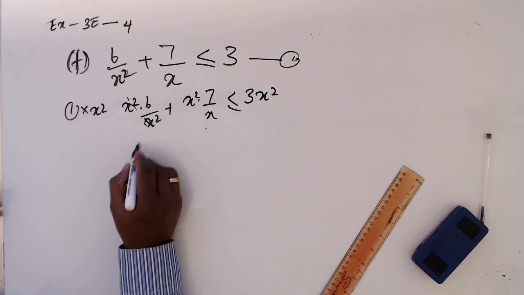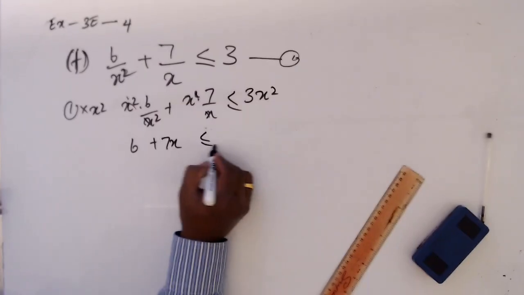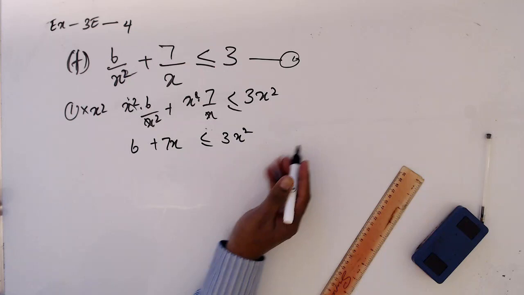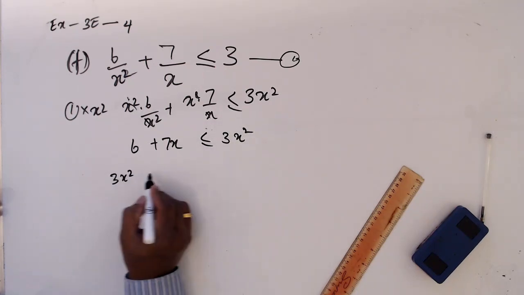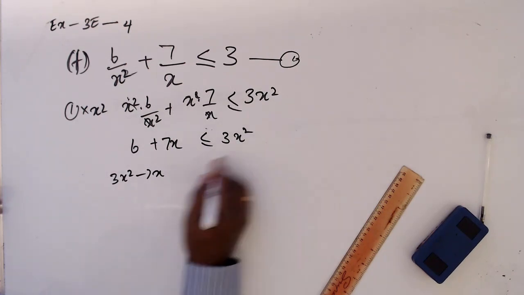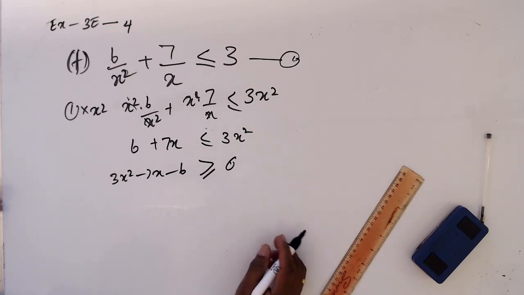This is cancel out 6, 1 cancel out 7x, 3x square. I'll bring everything to other side. 3x square minus 7x minus 6 greater than or equal to 0.